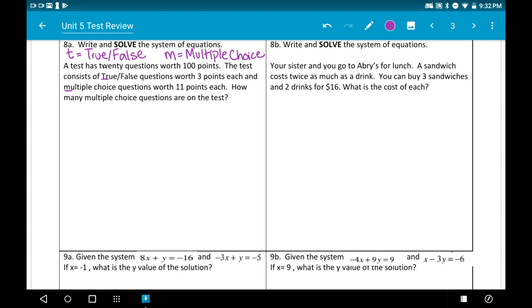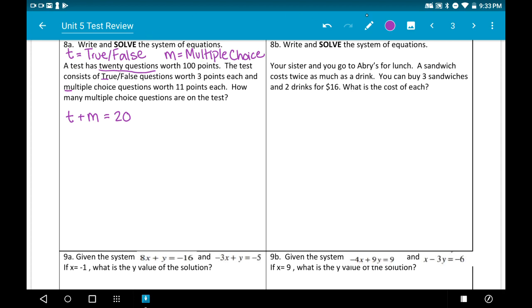And this tells us right here, the test has 20 questions. So with 20 questions, it's going to be t, the number of true and false, plus the number of multiple choice m, equals 20. So in all, adding the types of questions together gives you 20.